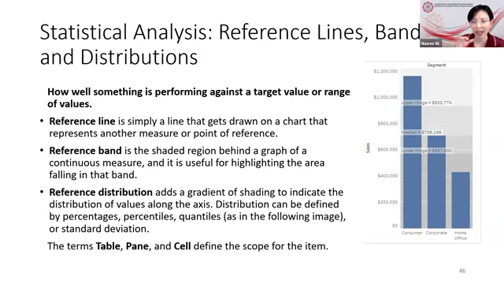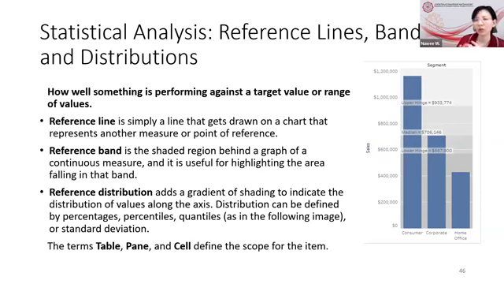If it's a band that is a shaded region, you can do that using the reference band. So it will help you highlight the area falling in that band. Or if the band is a standard one, we call it reference distribution. So this reference distribution is a reference band, but the band is standardized, like percentiles, quantiles, or standard deviation.